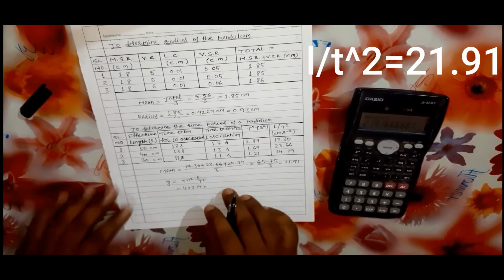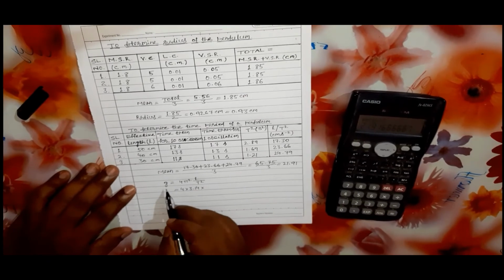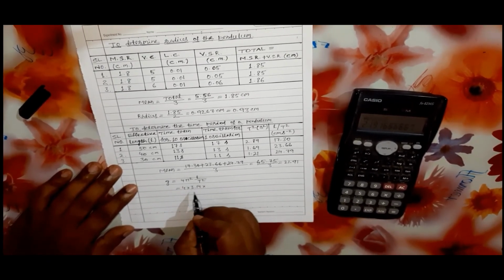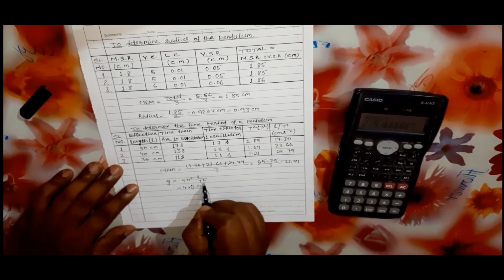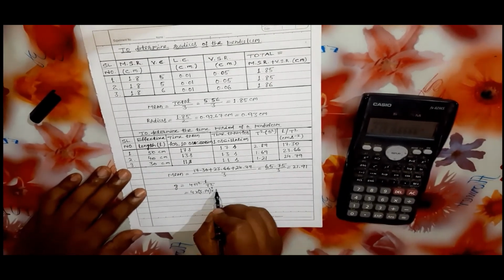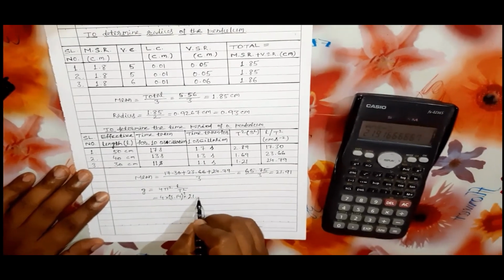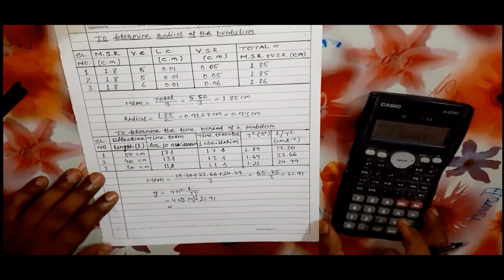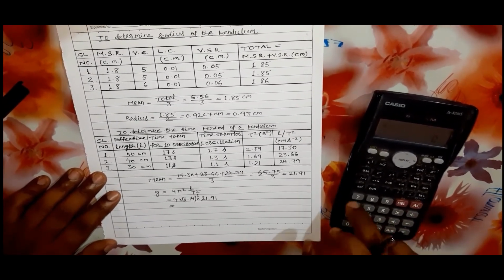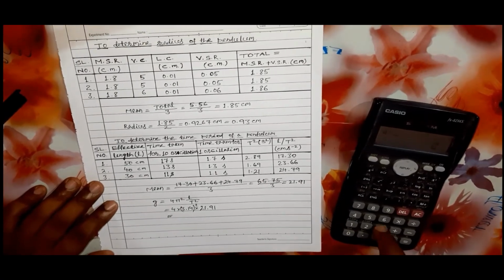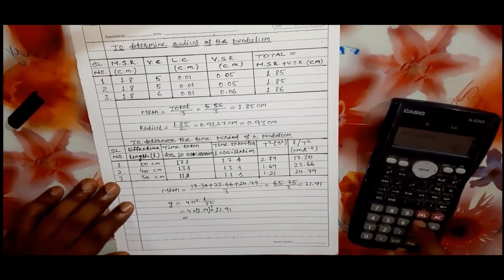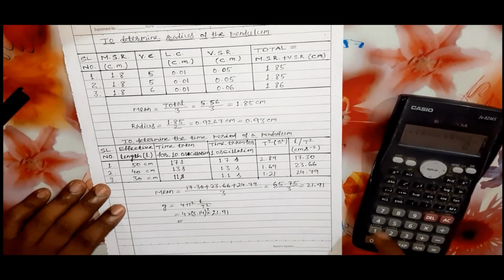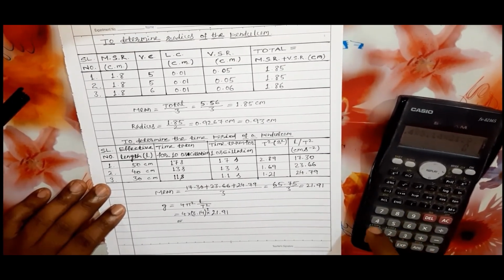Now you put the value of L by T square here in the formula. g is equal to 4 pi square L by T square. So 4 pi square, pi value is 3.14, into L by T square, you got 21.91. Now you have to multiply. So 4 into 3.14 into 3.14 into 21.91.